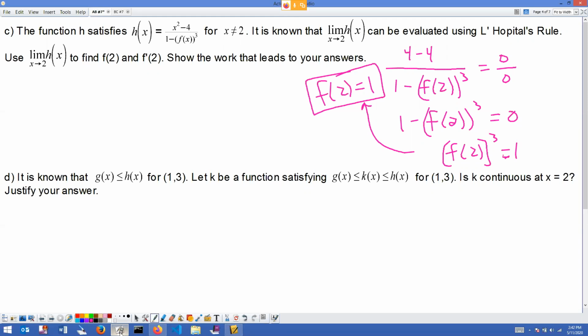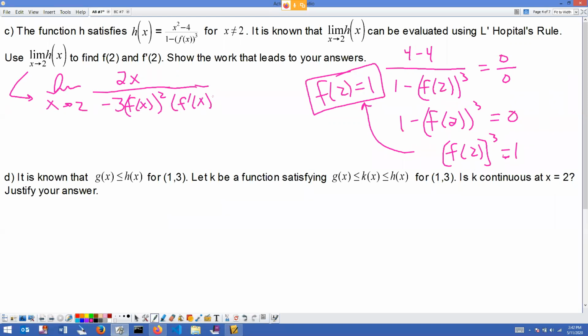Okay, cool. So now about f prime of 2, well, since we have 0 over 0, since we have this indeterminate form, we know that the limit as x approaches 2 of h of x should be equal to the limit as x approaches 2 of the derivative of the top, which is 2x, and the derivative of the bottom, and that's negative, and then f of x cubed's derivative is 3 f of x squared times f prime of x, because that's a function within a function.